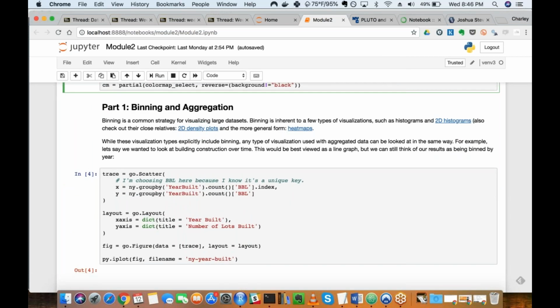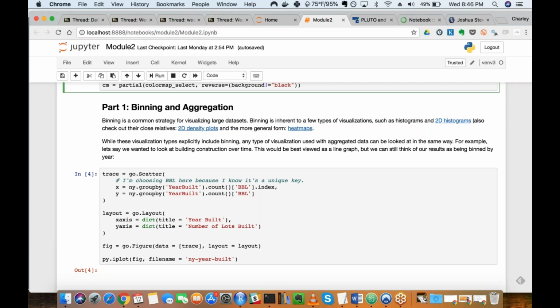But what we're doing for part one is looking at what one does when you are visualizing large data. Binning and aggregation is really the most common strategy for dealing with large data sets.